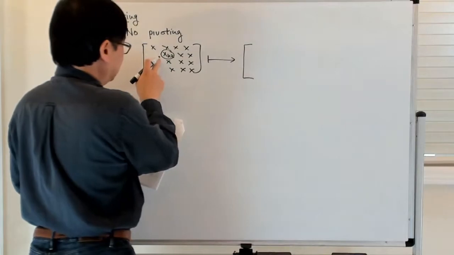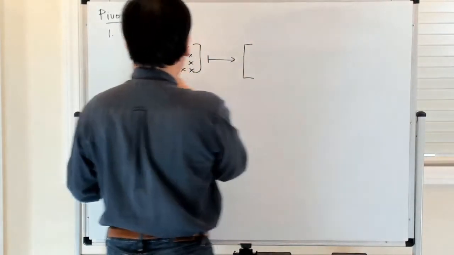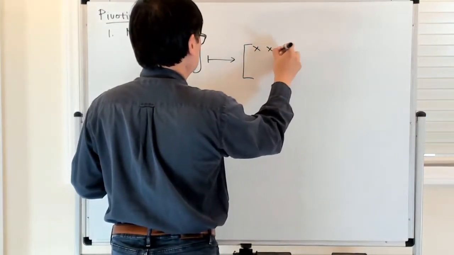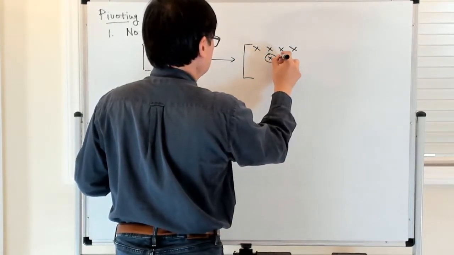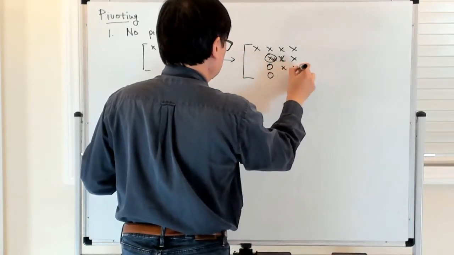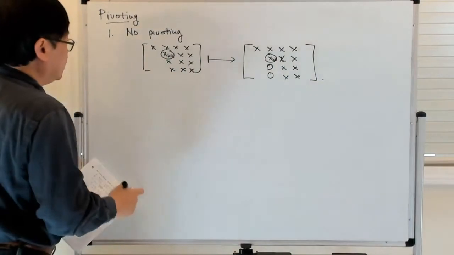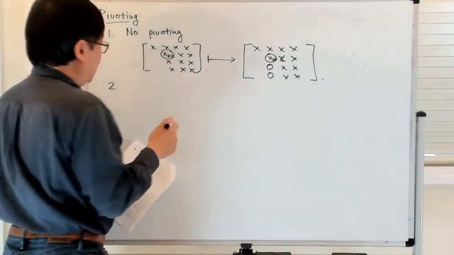You use whatever's on that diagonal at that point to zero out the entries below. So that's one possibility. The second possibility is you choose a pivot in the same column.